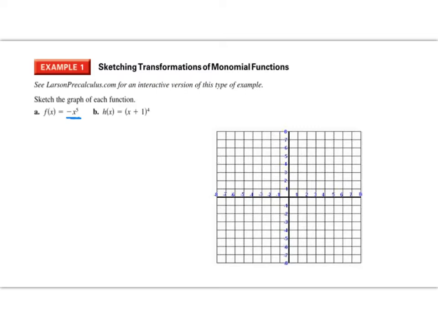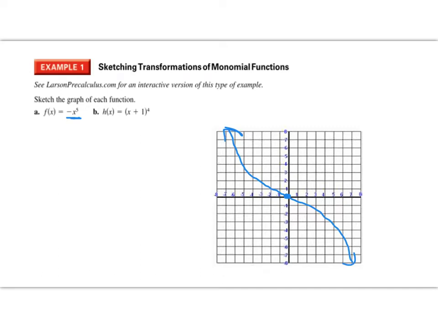If you think of a line, it goes from the left bottom corner and up, but the fact that it has a negative means it's going to go the other way. And I know that it has a 0 at (0, 0). Remember, this is just a sketch.